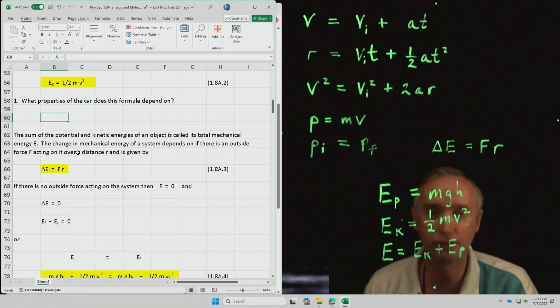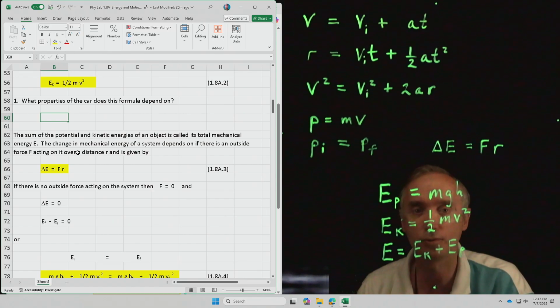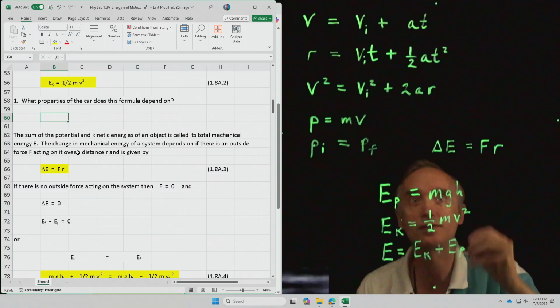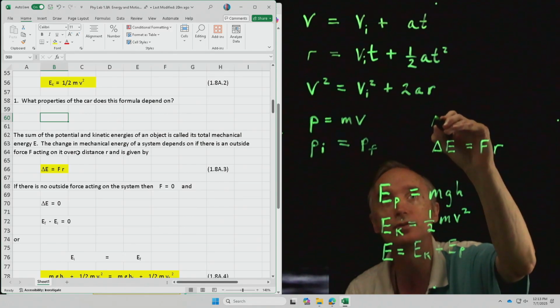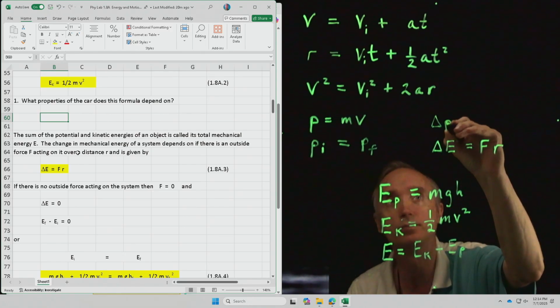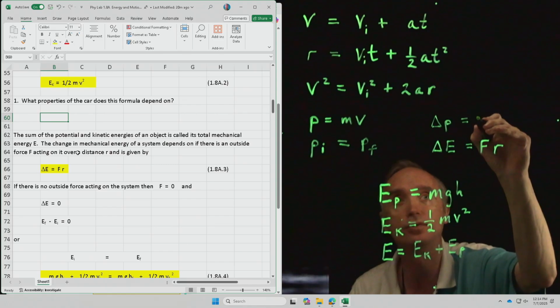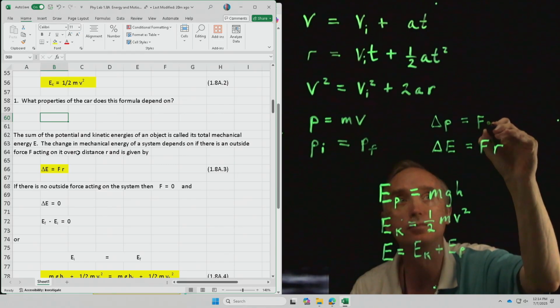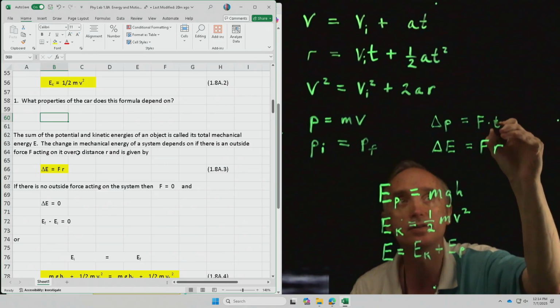Now that should look kind of familiar, because do you remember when we did momentum, we said that the change in momentum P was equal to a force multiplied by time.